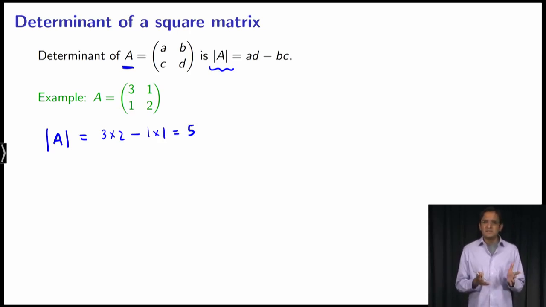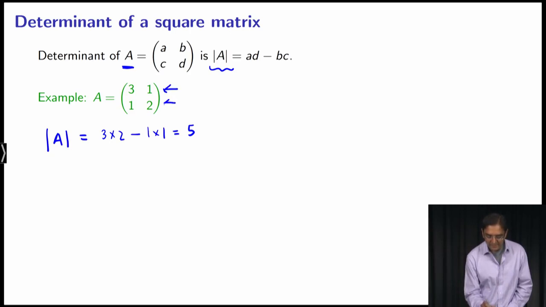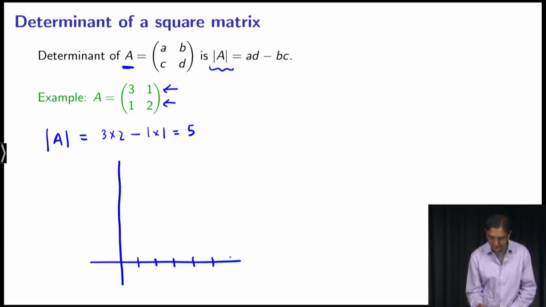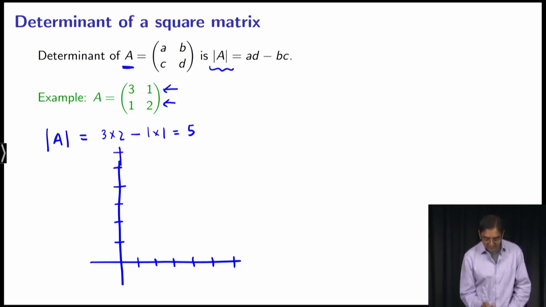Does the determinant actually mean anything? It turns out that it does. So let's look at this specific matrix. Let's think of the rows of the matrix as being data points. So we have these 2 data points, and let's just go ahead and plot these points. The first point is 3, 1.